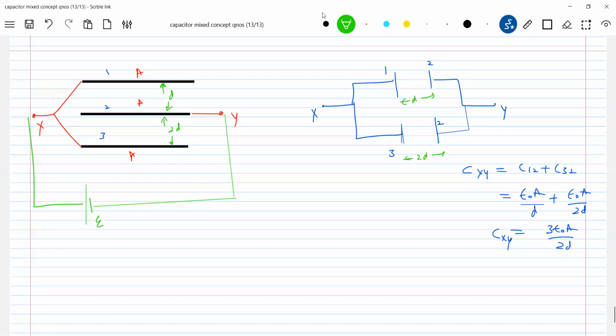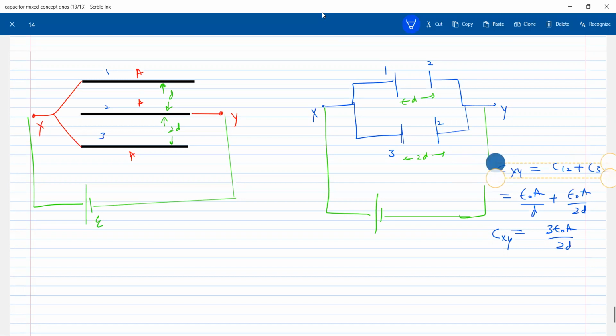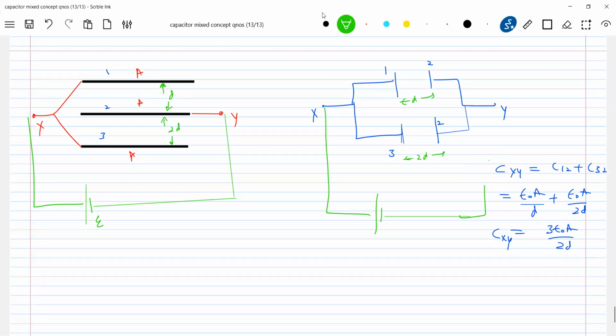So you are going to bring a cell here. Can't you find the charge? Yes. So what are the charges? You can write Q, minus Q here, Q.